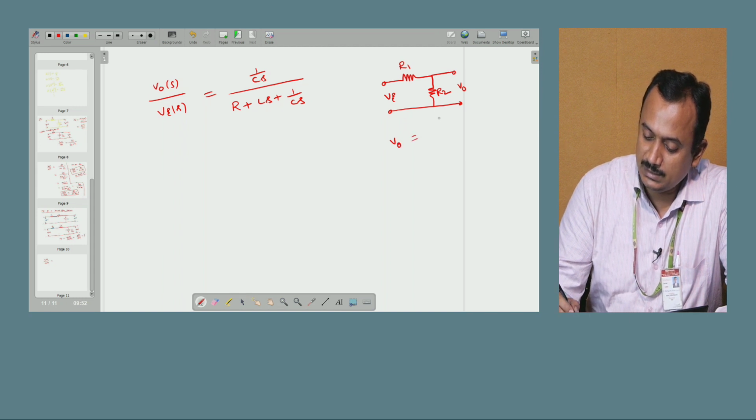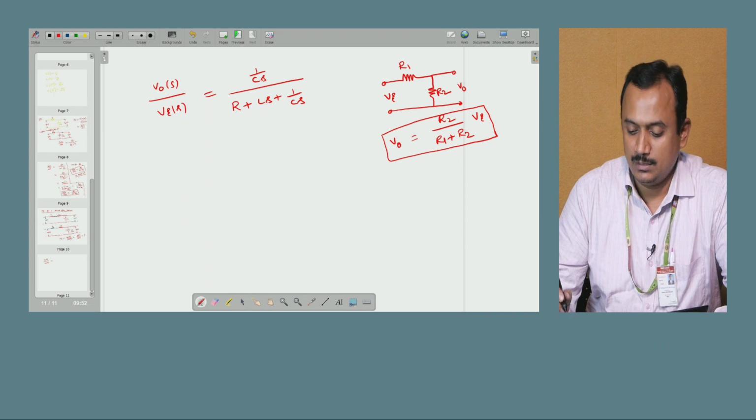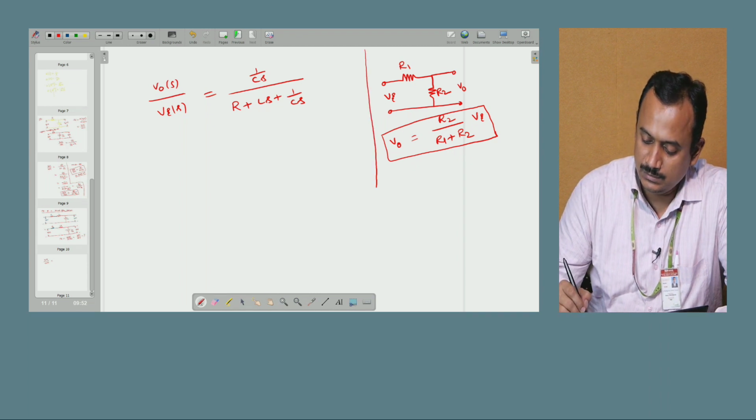Same impedance or same resistance R2 by sum of the resistances R1 plus R2 into total input or supply voltage. So this is the formula which we are going to use, that is what is known as voltage division rule.